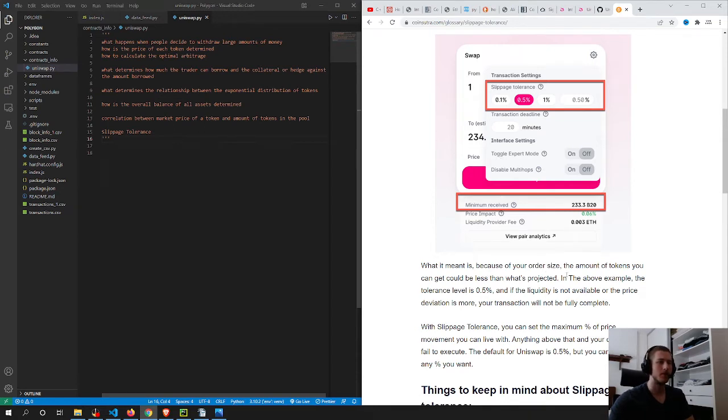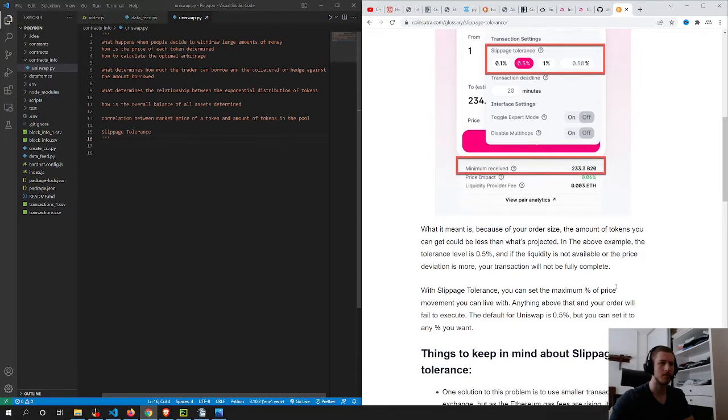In the above example, the tolerance level is 0.5%, and if the liquidity is not available or the price deviation is more, your transaction will not be fully complete. So if there's not enough liquidity or the price fluctuates. Also, it's pretty much the tolerance for that, I think.